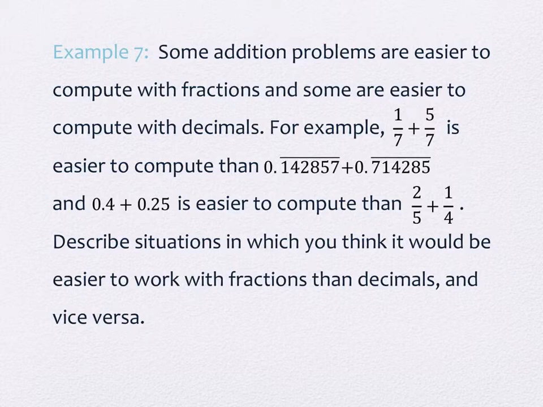You agree with that statement, right? Okay, good. And then 0.4 plus 0.25 is easier to compute than 2/5 plus 1/4. Do we agree with that statement as well? Yeah. So it says describe situations in which you think it would be easier to work with fractions than decimals, and vice versa. So, 2 questions.